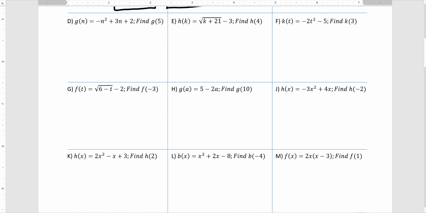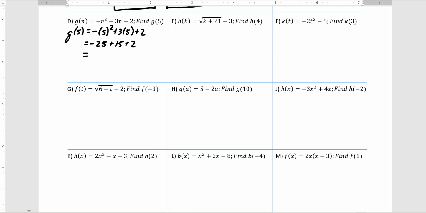Let's try letter D. g of n equals negative n squared plus 3n plus 2. All right, so this one, we're going to have to be sure to follow our order of operations. So we're inputting 5. So it'll be negative 5 squared plus 3 times 5 plus 2. So when I'm simplifying this, I know to do my exponent first. So I would have negative 5 times 5 is negative 25. 3 times 5 is 15, and then plus 2.